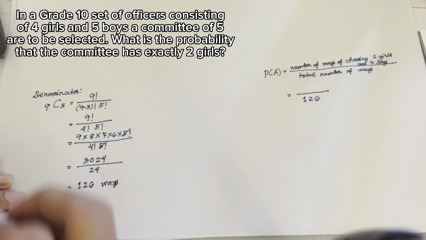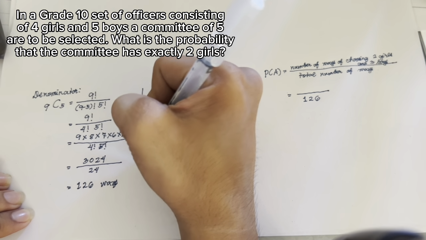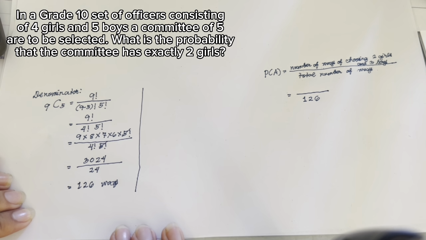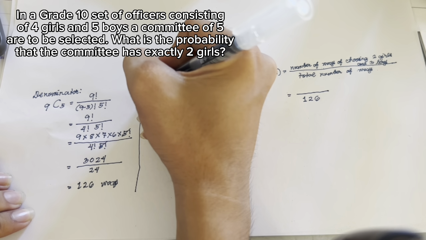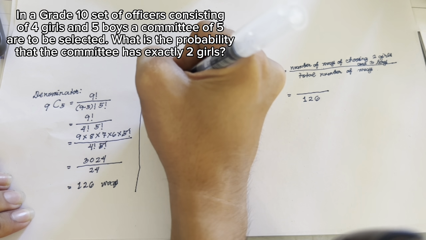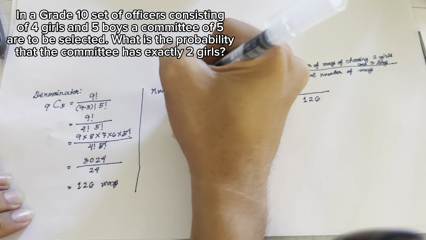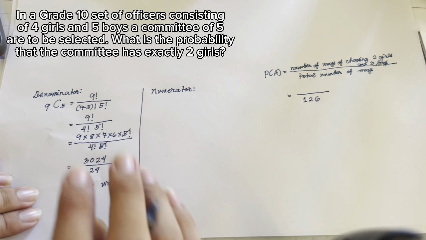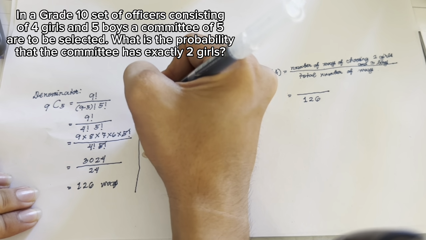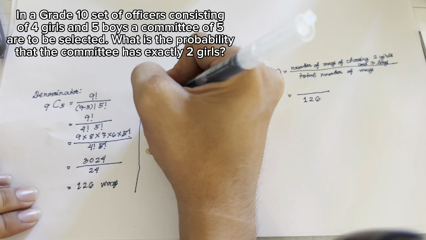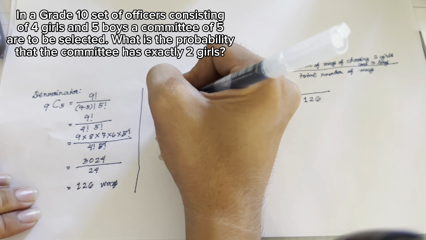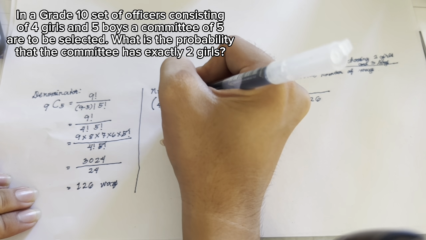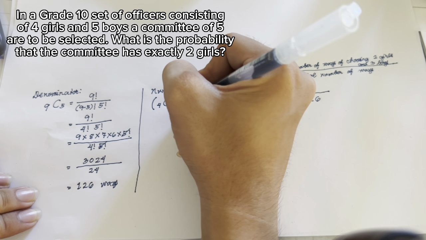Now let's proceed to the numerator. So first we have, there are 4 girls, then 2 are selected. So we have 4C2.